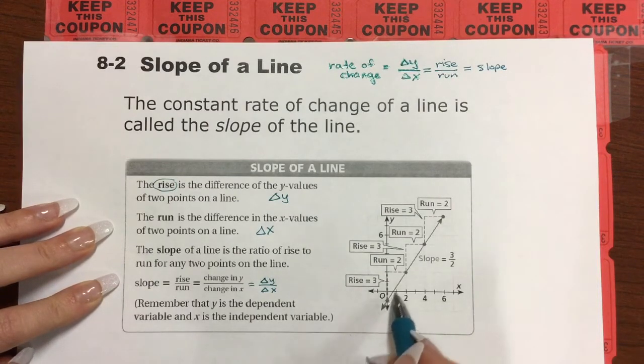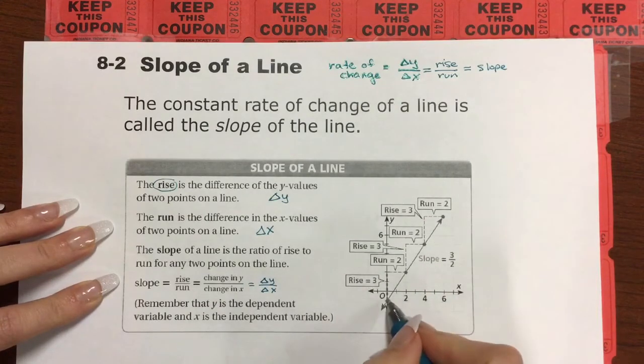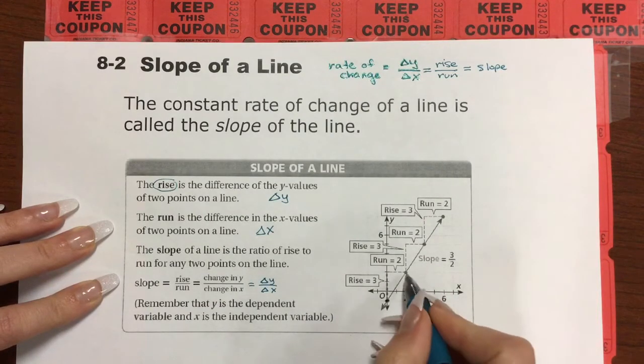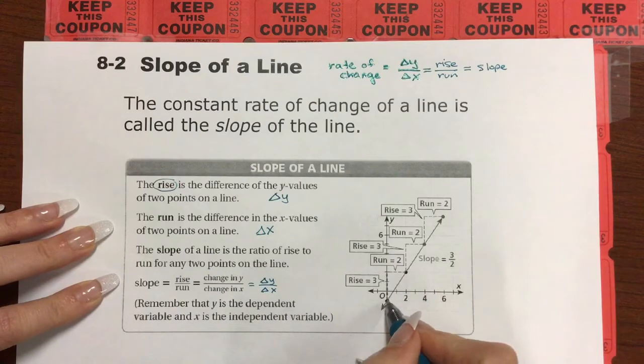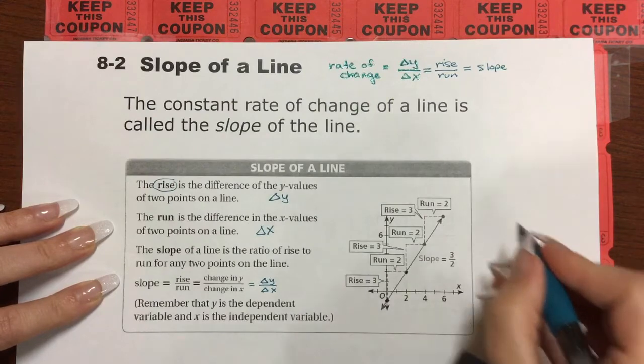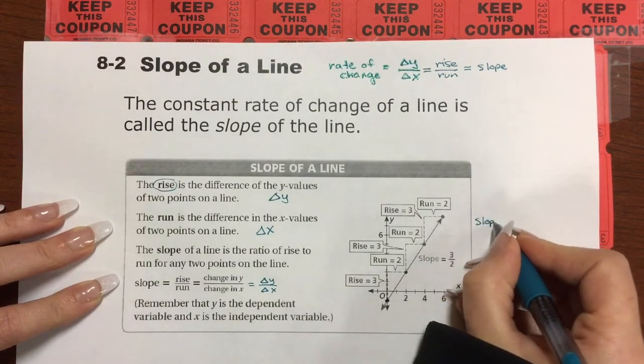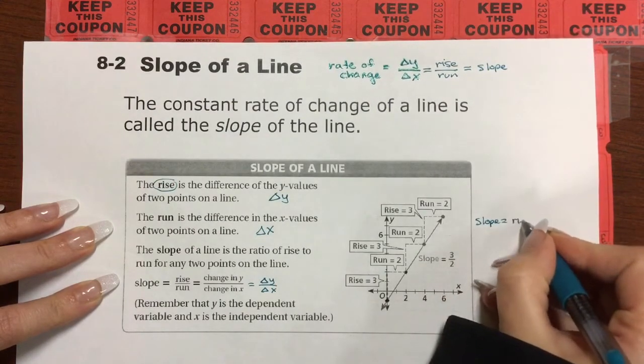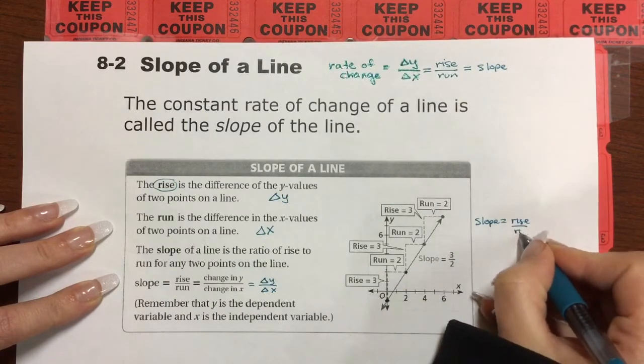So let's look here. We have an equation of a line. If we look at this point, we're comparing it to this point right here. And what we can see is that this point rises by 1, 2, 3 units. So its rise is 3. If I was going to talk about the slope of this line, it would be the rise over the run.